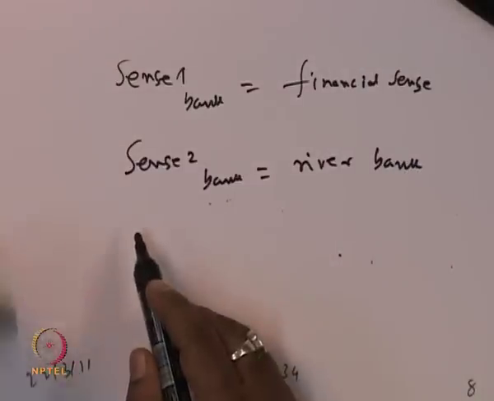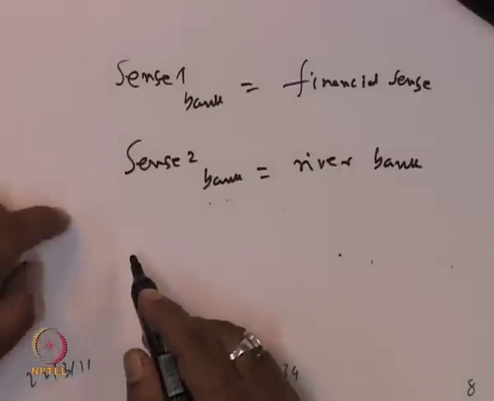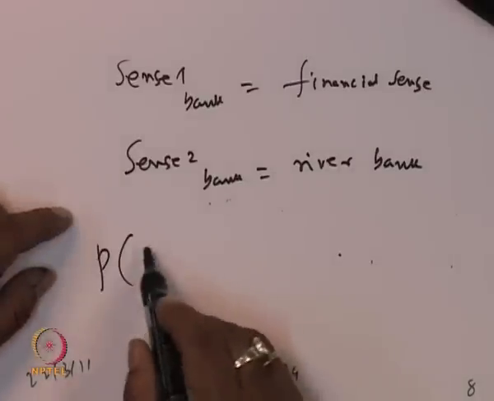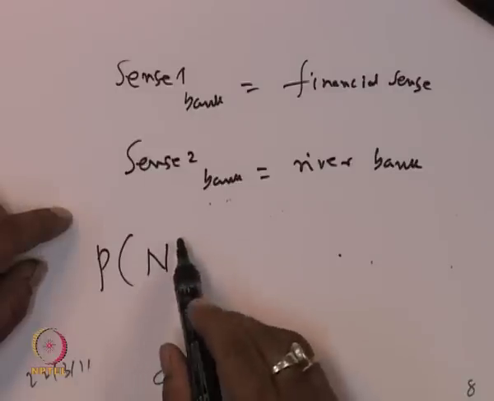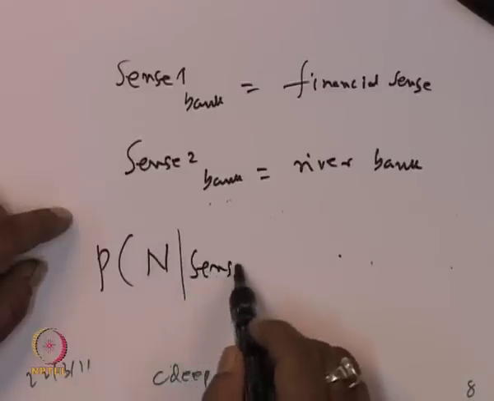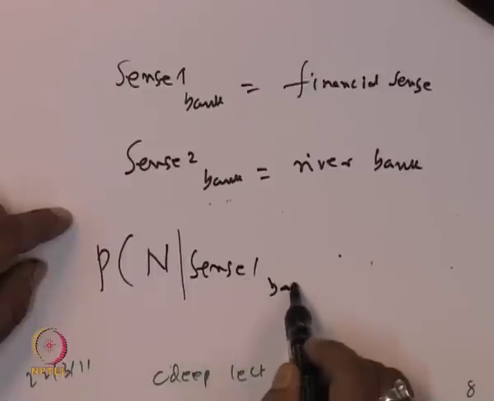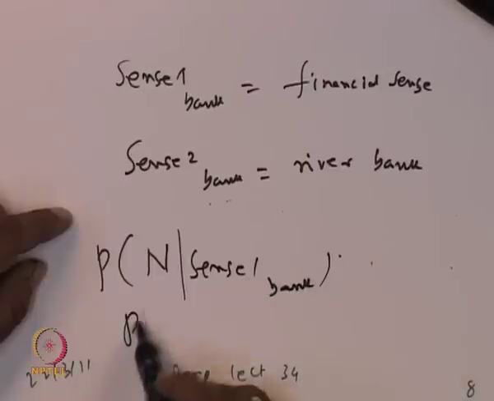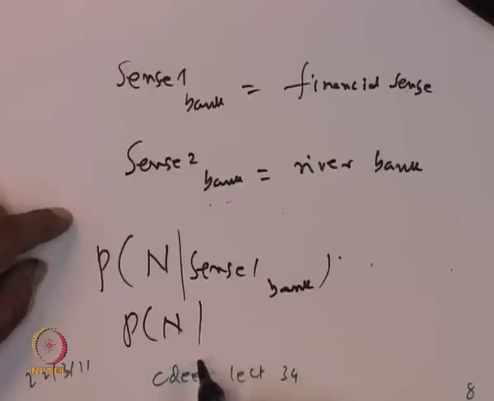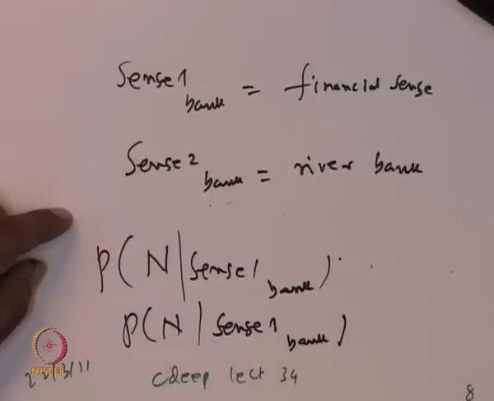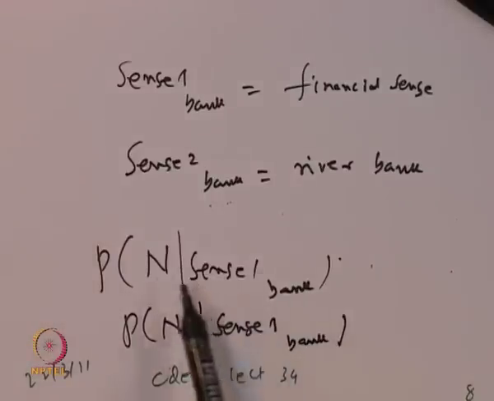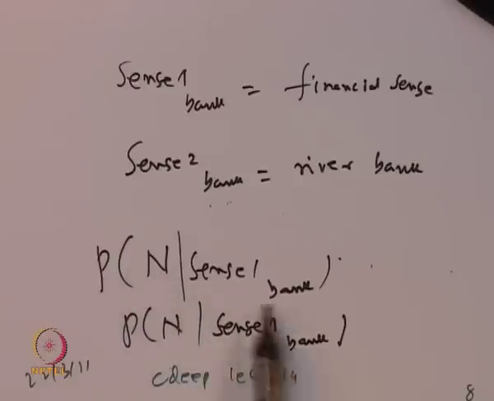Then what we are trying to compute or calculate is the probability that this sense has noun feature given sense 1 of bank, and the other sense also has noun feature for the word bank. So, do you understand what this expression means?